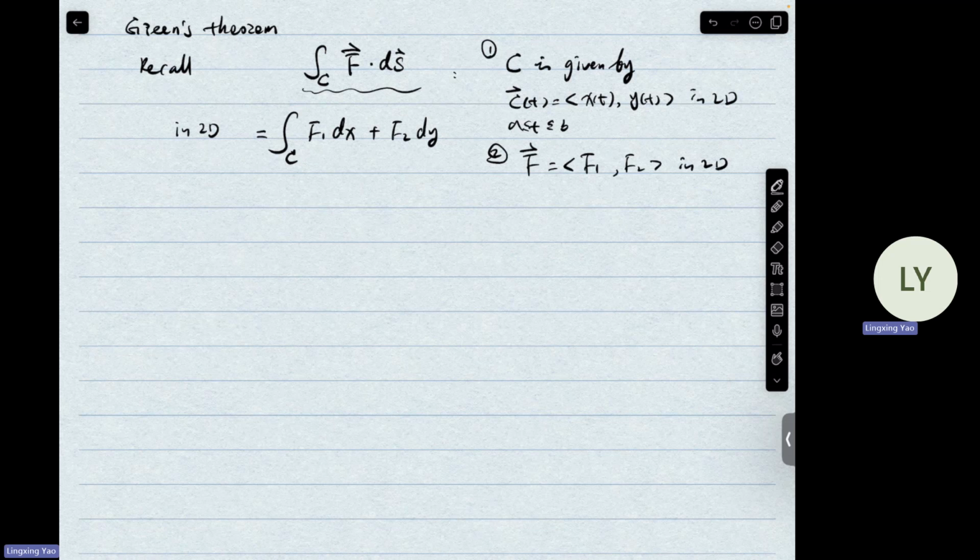One thing we want to point out is that both F1 and F2 here are indeed functions of x and y in 2D, but in 3D they could be functions of three independent variables x, y, z. So those are the review of notation involving the line integral for a vector field, especially for this two-dimensional vector field.